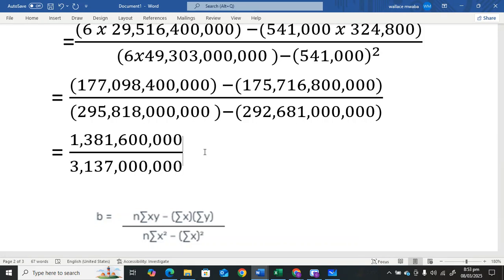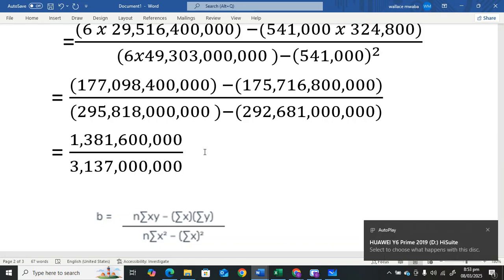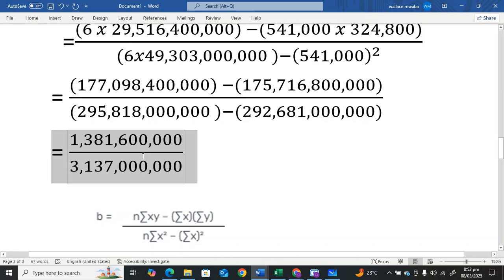All right, then we divide. Are we getting all these figures here? Those are the calculators. Confirm. Are we getting the same figures?